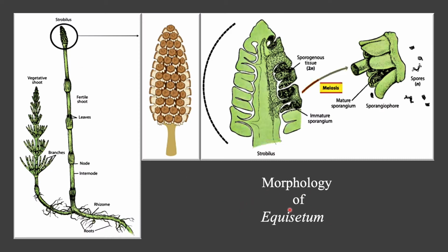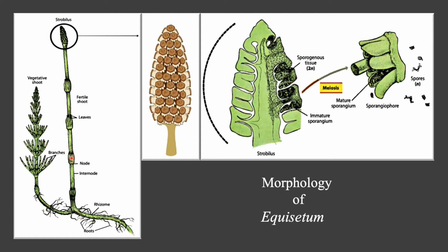Morphology of Equisetum. Equisetum are seldom more than a few feet high. The plant body is a sporophyte differentiated into roots, stem and leaves.